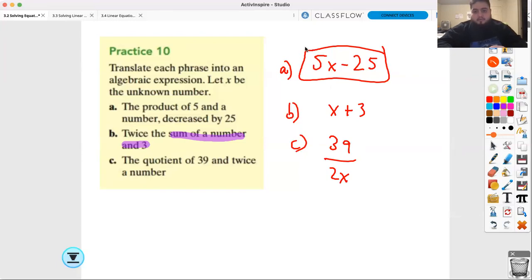Times 2. Now, is it going to be just 2 times x or 2 parentheses x plus 3? Do we want twice the number, or is it twice the sum? 2 parentheses x plus 3.